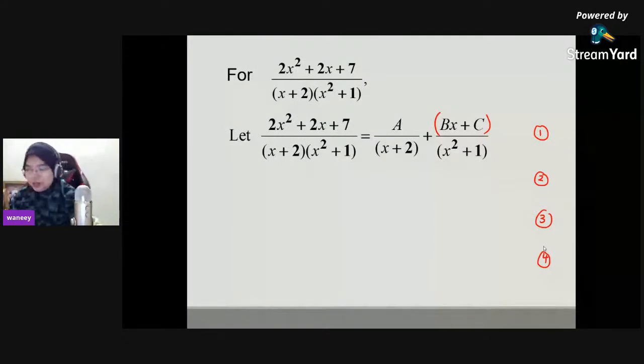Negative 1/5. Oh, semua dapat sama lah. Okay, let's go.